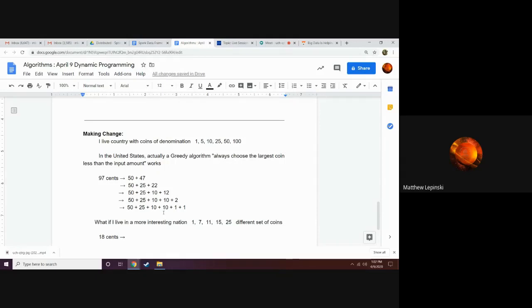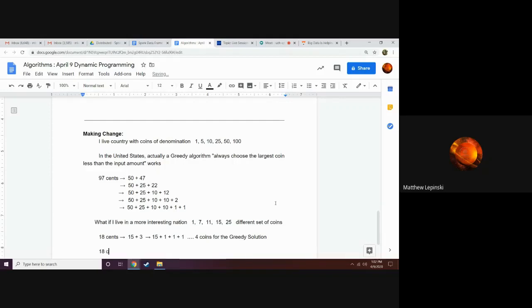Now if I want to change 18 cents, the greedy algorithm would say that 18 cents is just going to be 15 plus 3, which is 15 plus 1 plus 1 plus 1. So 3 pennies and a 15-cent piece, which is 4 coins for the greedy solution.